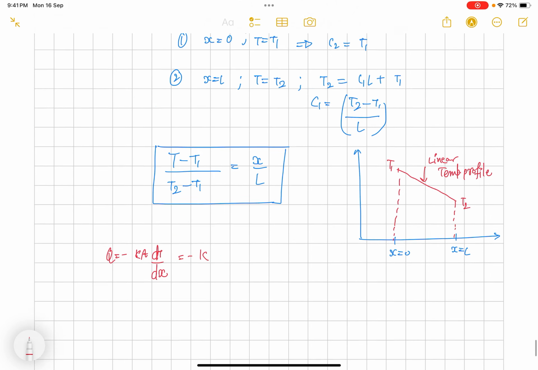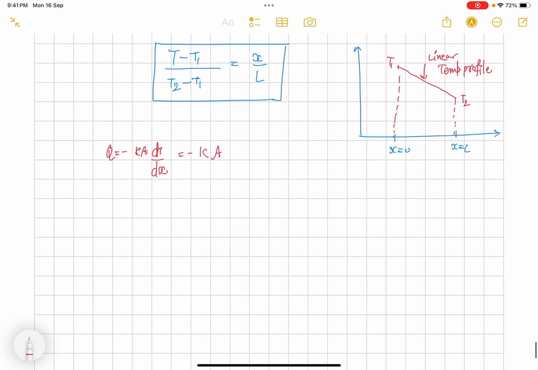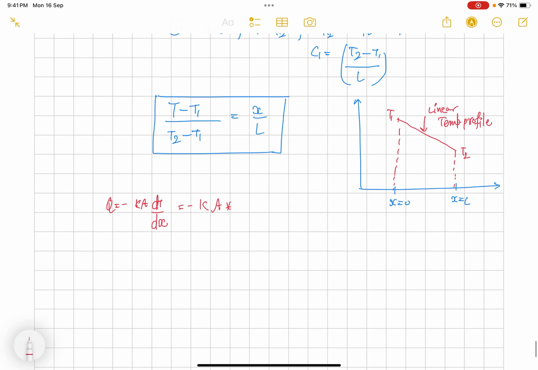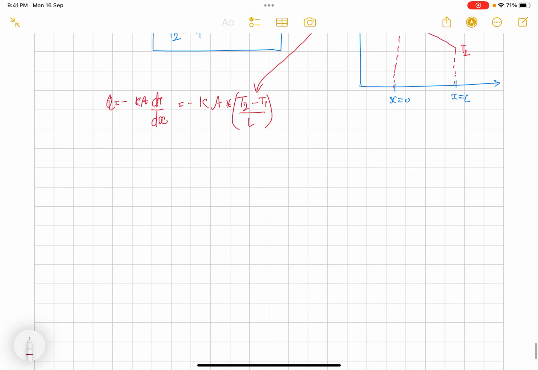So dT by dx is nothing but the C1 value, and the C1 value, we know, is T2 minus T1 by L from here. If we arrange it, heat transfer will come out to be T1 minus T2 divided by L by KA. So it is like the temperature drop divided by thermal resistance.